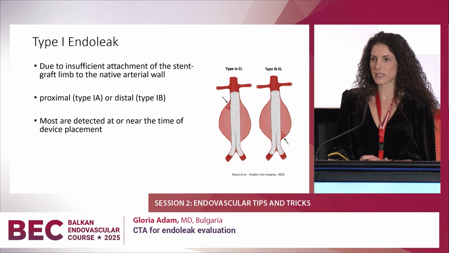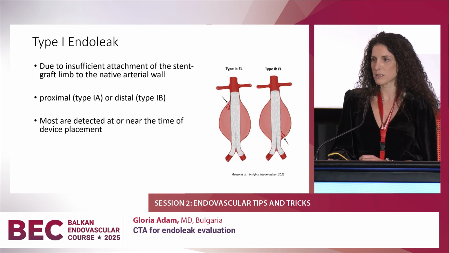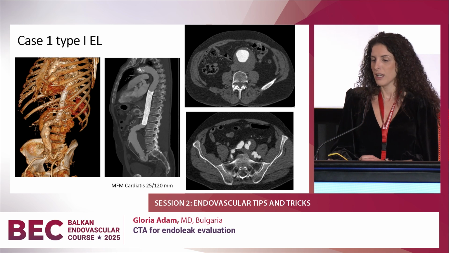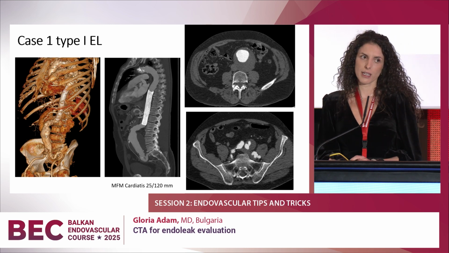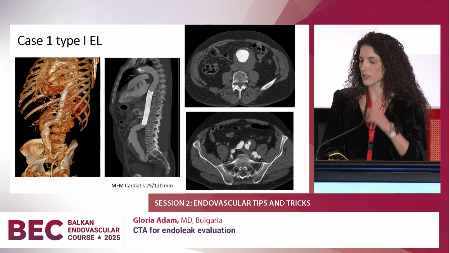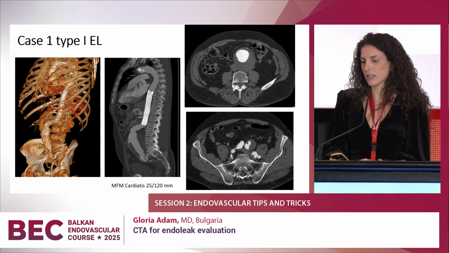It is usually detected at the time of placement of the graft and is the most common cause of abdominal aortic rupture, so usually it requires treatment. I will show you several cases from the practice, how they treated the aneurysm and after that the endoleaks.